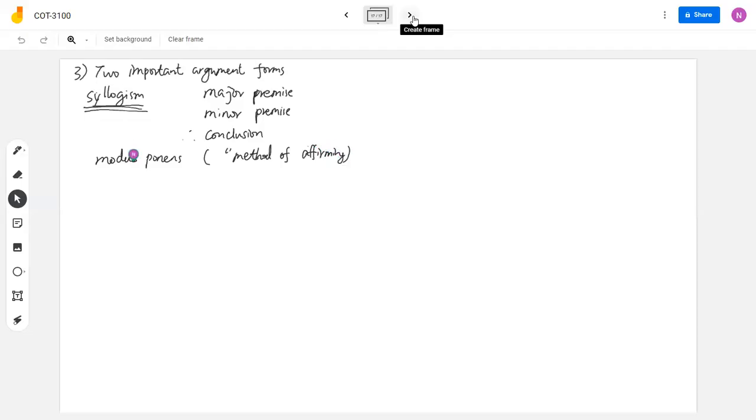So the name may sound strange or foreign, but the form is very trivial. It's just if P, then Q, P, therefore Q. The example is also trivial, very simple.